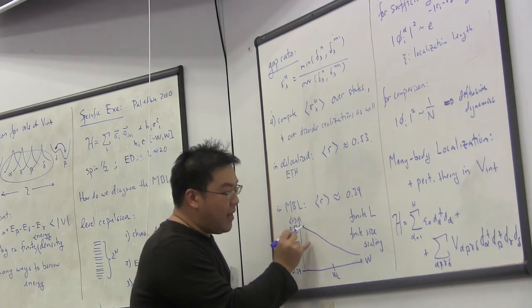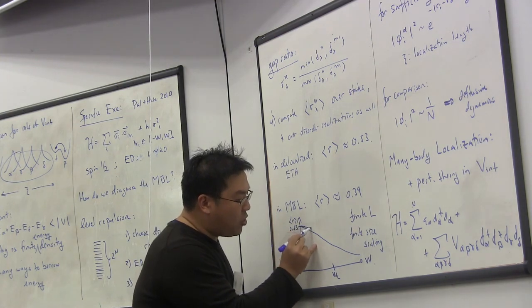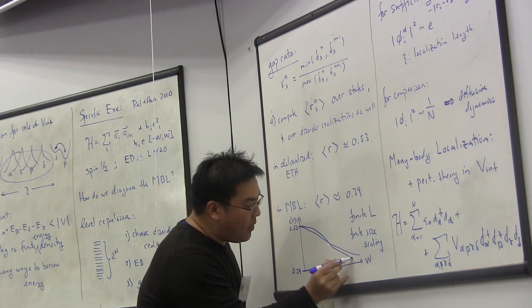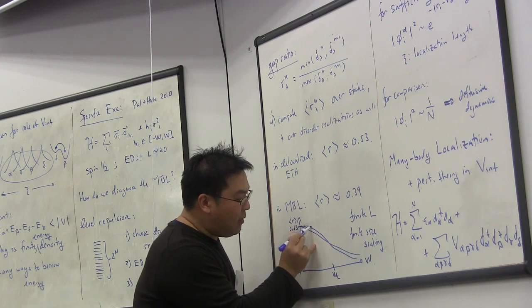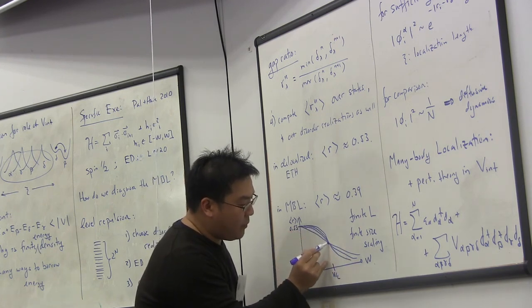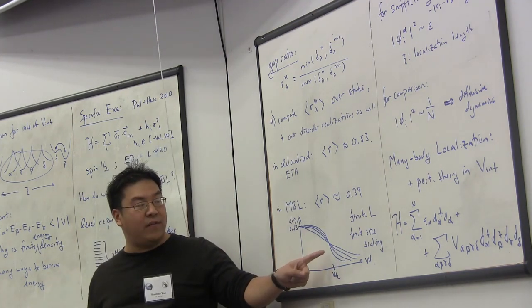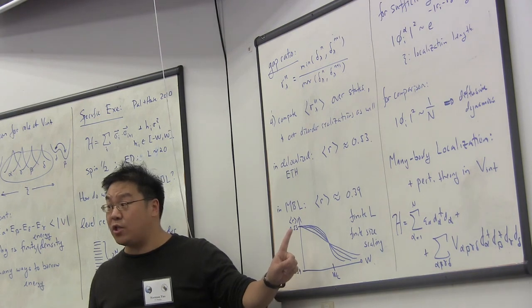That's what it has to be if there really is a transition. But then, as you increase system size and get closer and closer, that sharp jump should manifest as these curves getting sharper. So, despite the fact that every single one of these individual curves is a smooth crossover, you never see a distinct jump.